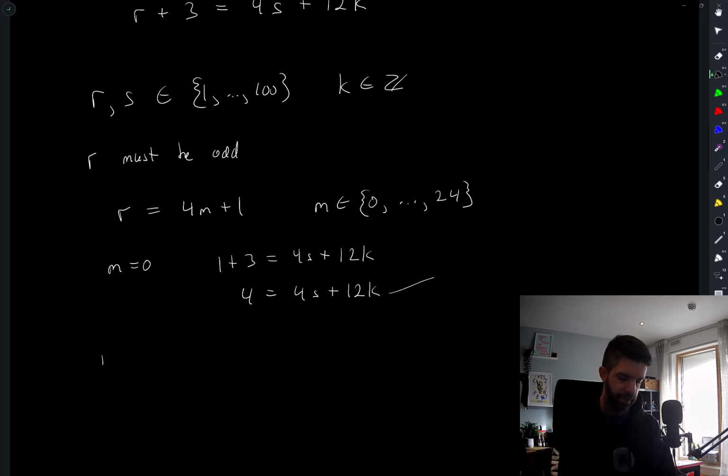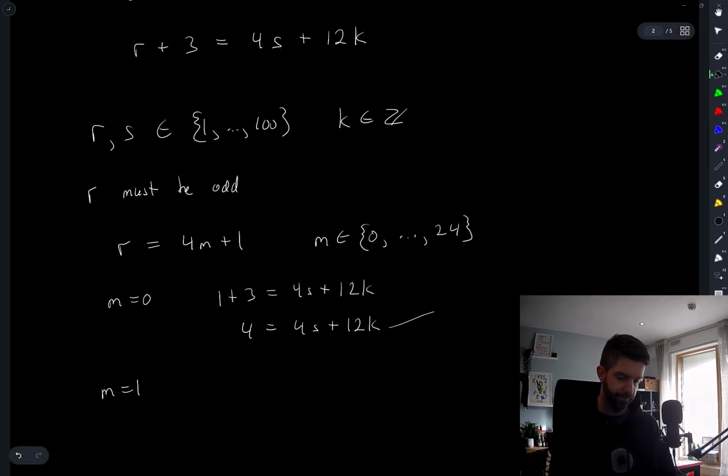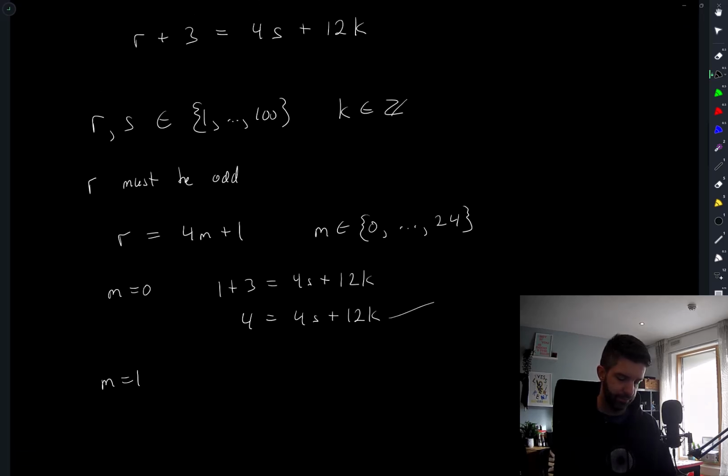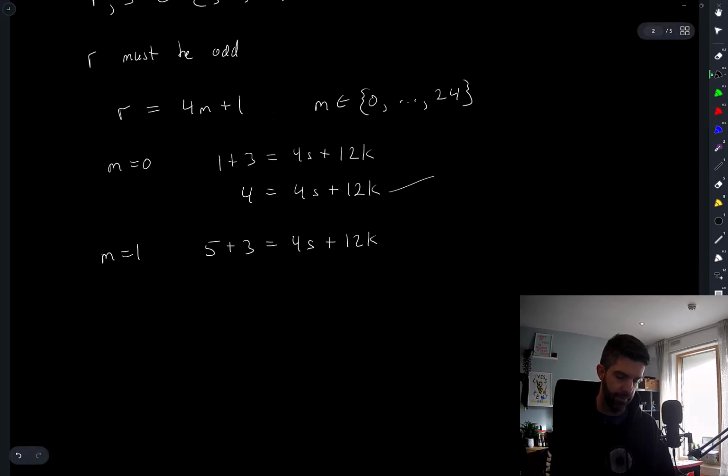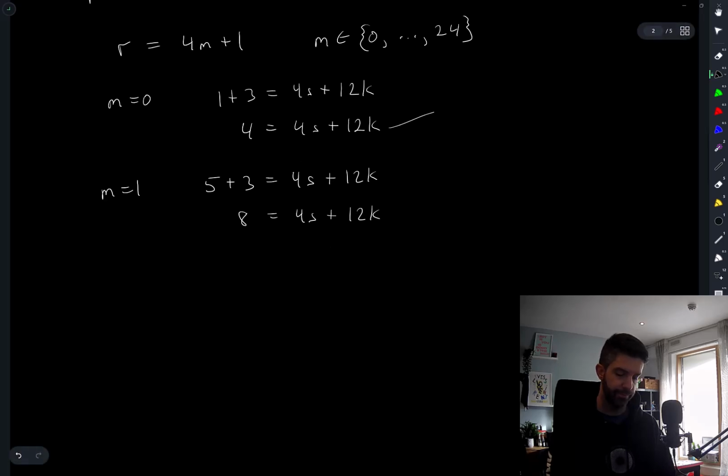What if I say m is equal to 1? Then I have 5 plus 3 is equal to 4s plus 12k. So this gives 8 is equal to 4s plus 12k. And this works. S is equal to 2.